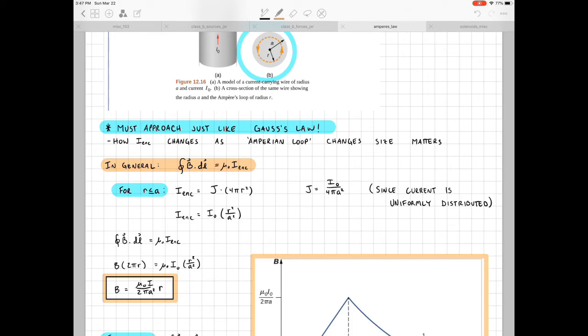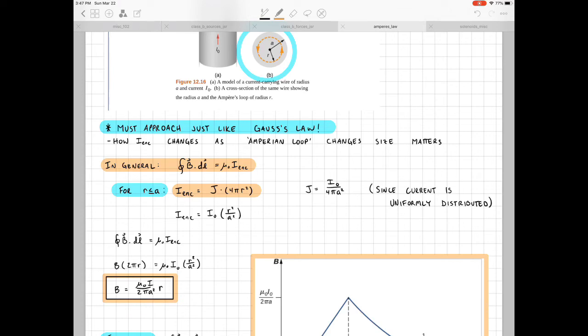And so I'm going to first look at when r is less than a, so inside the wire. So I enclosed inside the wire is equal to this expression, J times pi r squared. Well, first off, what is J? Remember, J is the current density. That is the current per unit area.